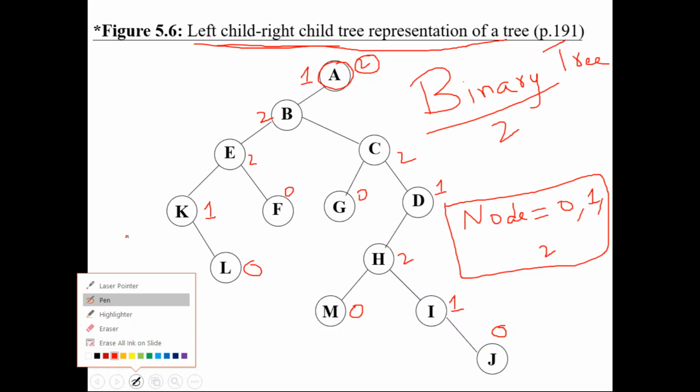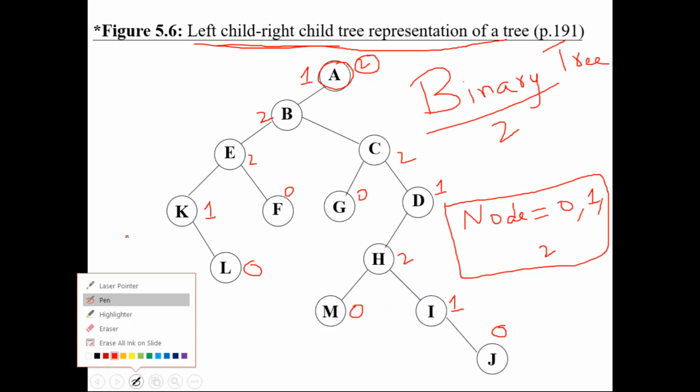So up to this point, what we understand is that any given tree can be represented as a binary tree. Now our focus will be only on binary trees. If you recall the first lecture, a tree is used to maintain a hierarchical data structure.